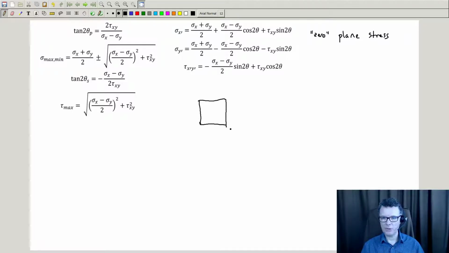Normally we just show a square. We show a force being pulled off in the X direction, so we're taking that to be our X direction, and a force being pulled off in the Y direction, and then another force which will represent shear, and the shear force acting on this plane side, rather, it has to be the same as this side. Now all of these will have mirror little stresses. Okay, so stress is a bit like forces.